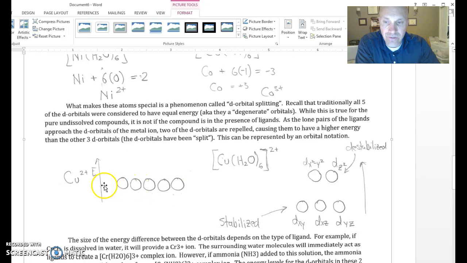This would be, for example, for essentially a naked copper 2+ ion. Notice I have not shown any ligands around this, and if there are no ligands around this, all of those d orbitals would in fact have the exact same energy.